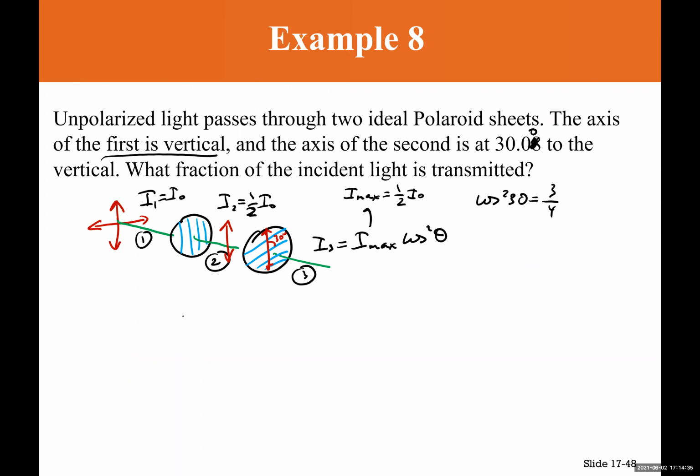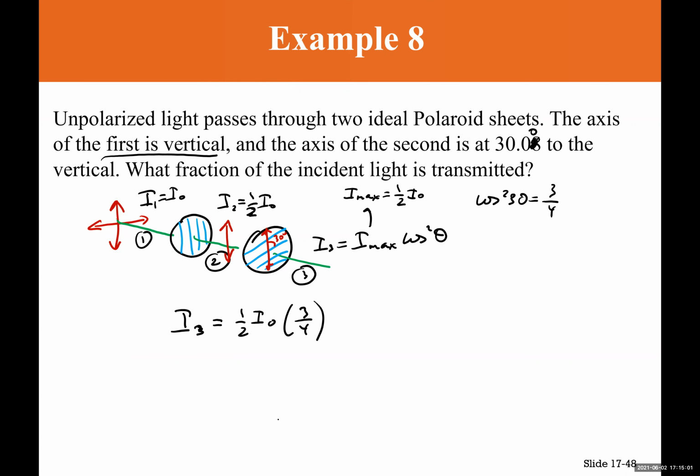That means my equation becomes: I3, the intensity in region 3, equals 1/2 times the maximum intensity, I naught, times cosine squared theta, which I put as 3/4.